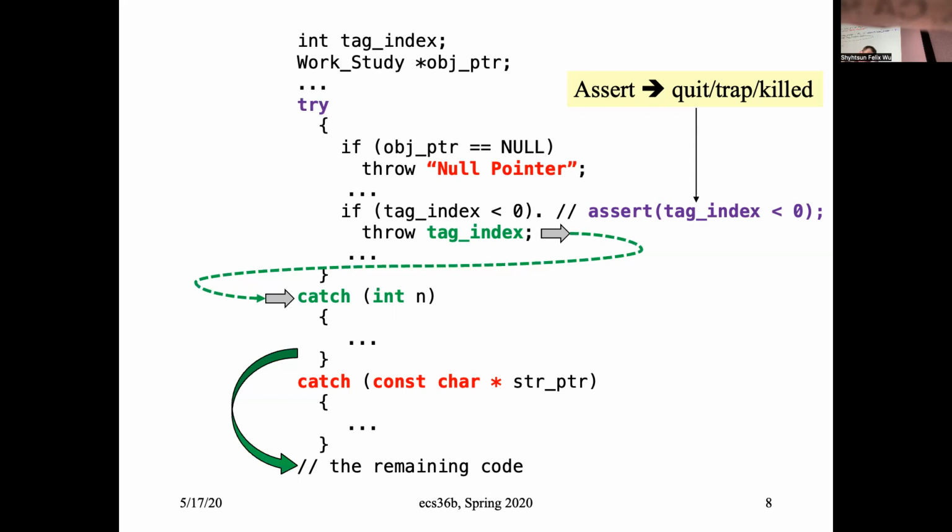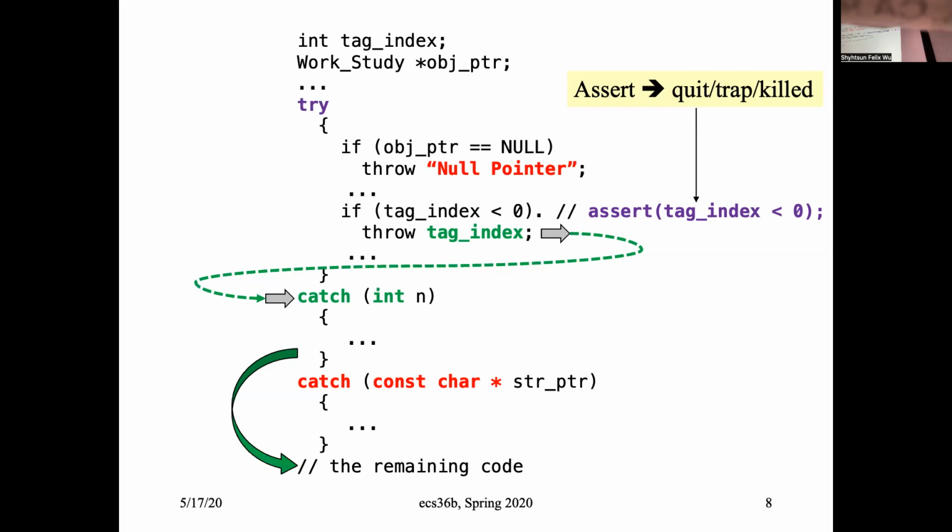If somebody has a throw, then you need to be ready to provide the catch statement to catch everything essentially. Which means that we need a more generic type of exception, because I don't know what kind of exception you're going to throw. Are you going to throw an ecs36b exception, or a JSON RPC exception? I have no idea.